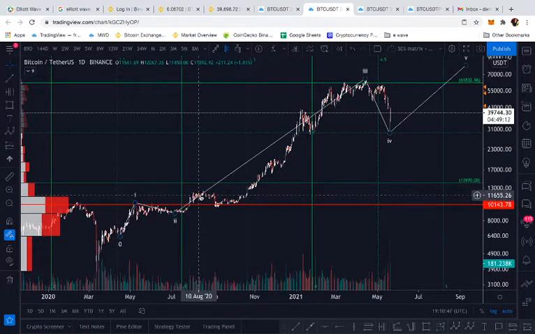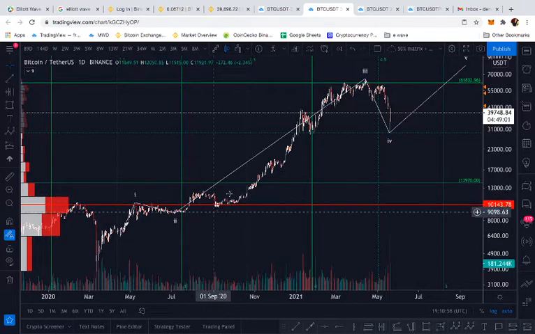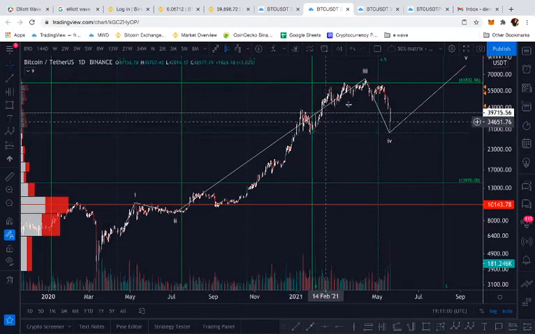But the wave I wanted to get into today is kind of like this one right here. So if this is 1, this is 2, this is 1, 2, and this is 1, 2, 3, 4, 5.